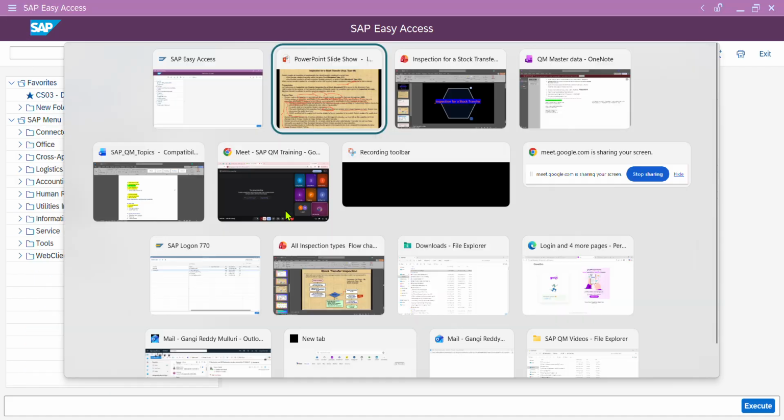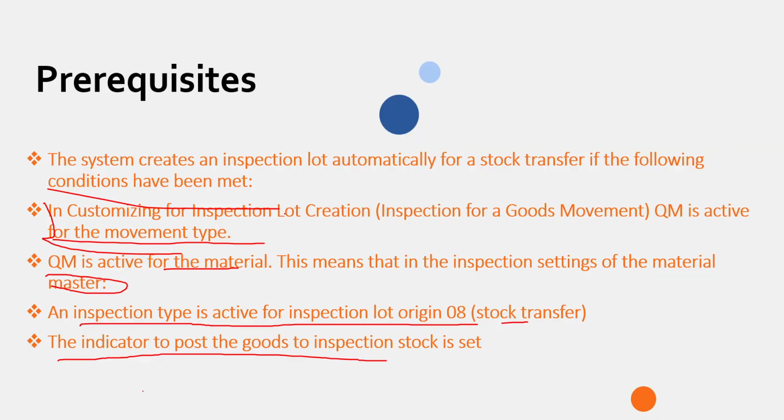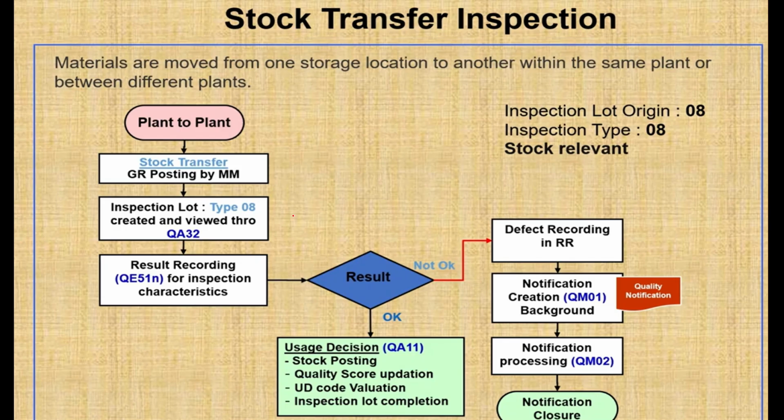Let me go to the process. Before that, I can explain the process flow first. If you take plant to plant, storage location to storage location, or material to material, we can consider this a stock transfer process.